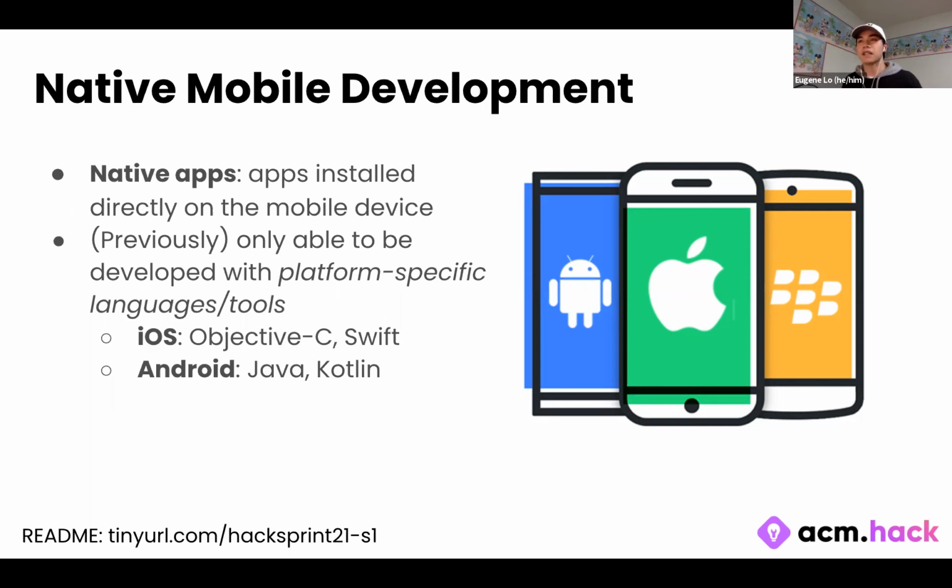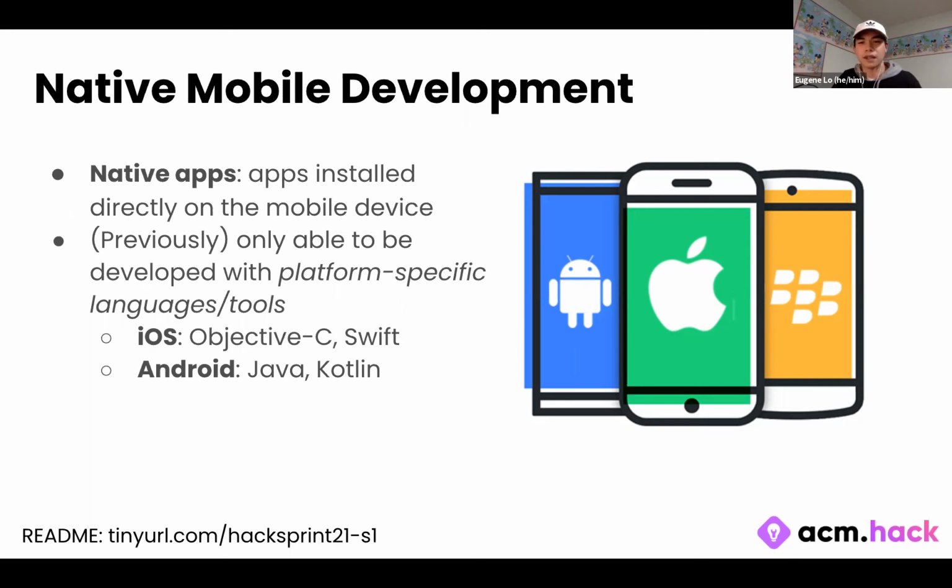Previously, the only way to do mobile development was through native development, and that required you to use platform-specific languages and tools. For iOS, this meant you had to use Objective-C, and Swift, which was added later. And for Android, it was Java, and later they added Kotlin, which actually translates back into Java.